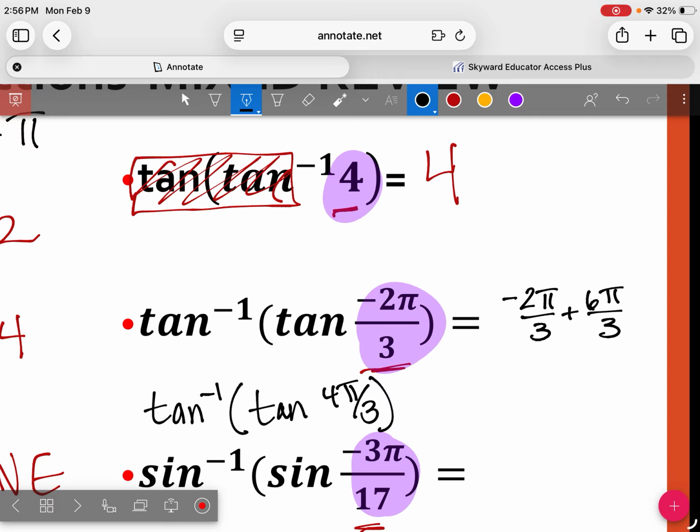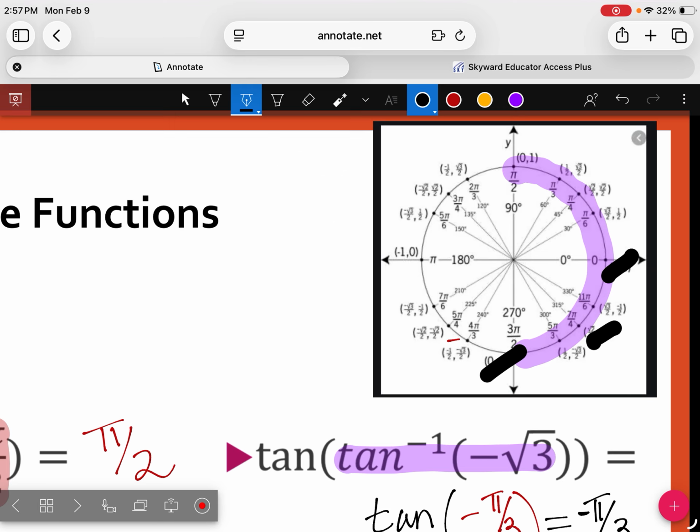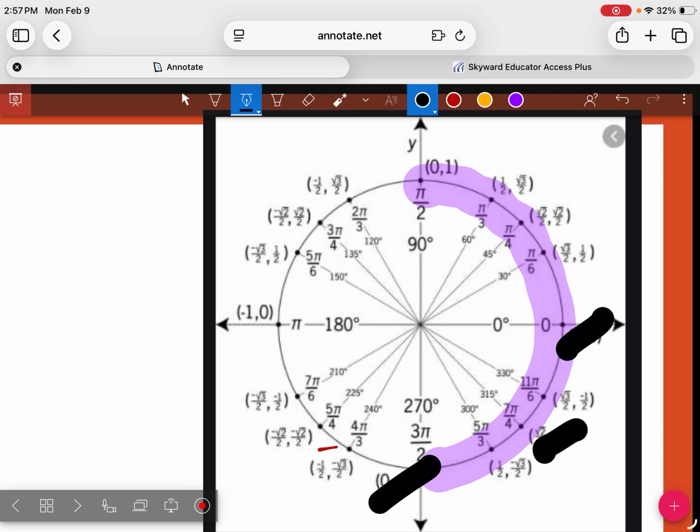Now, 4 pi over 3 is not within our range. So when I look at the unit circle and find the tangent of 4 pi over 3, let me go back a little so we have a picture of the unit circle.